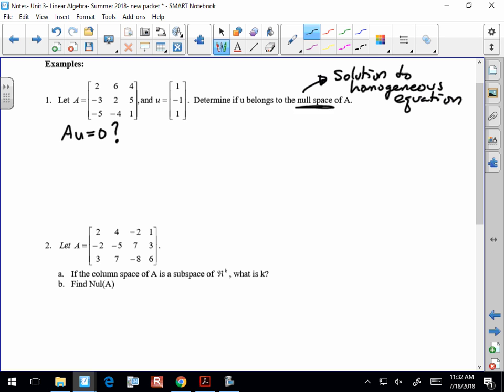If I'm already giving you a solution to an equation, all I'd have to do is verify that it checks out to give you the zero vector. You can do it on a calculator, but I think the calculations here aren't that bad. We're looking for a 3x1. 2 minus 6 plus 4, that's going to give you a 0.